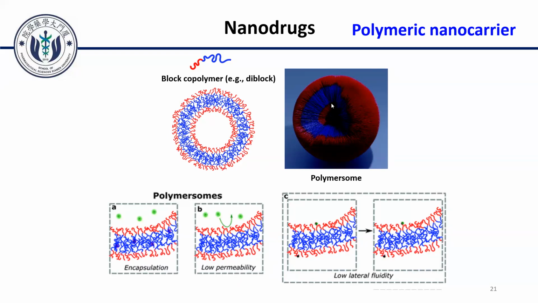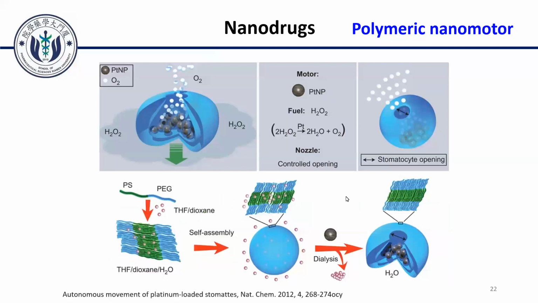Once drugs are loaded in the polymersome, it may be difficult for them to be released. So this is one of the problems. There are also other strategies to solve this problem. Of course, we can combine the phospholipid bilayer together with block polymer to co-assemble into polymer-lipid binary nanoparticles to load drugs.